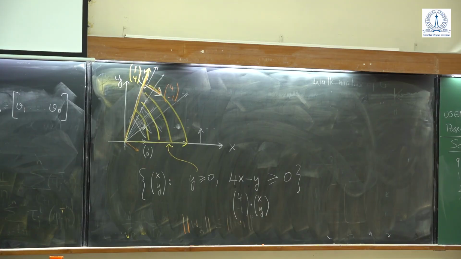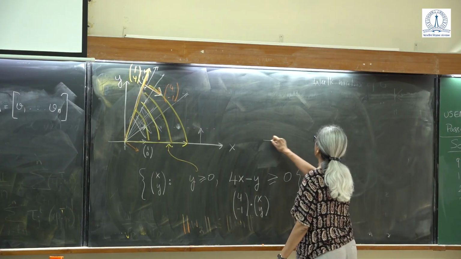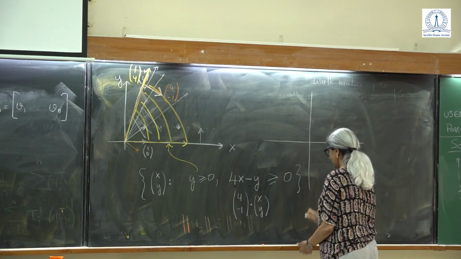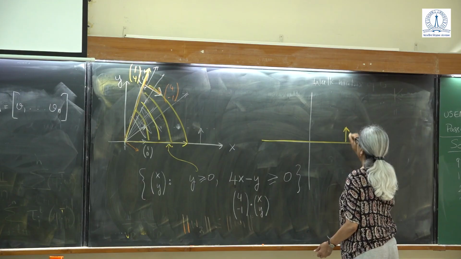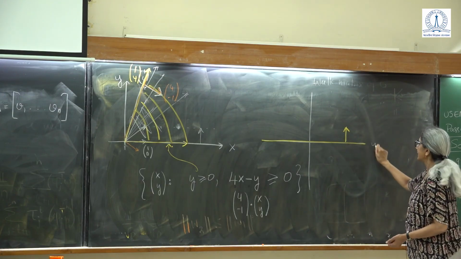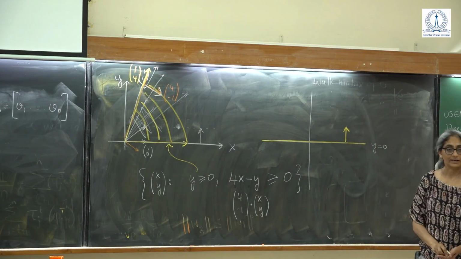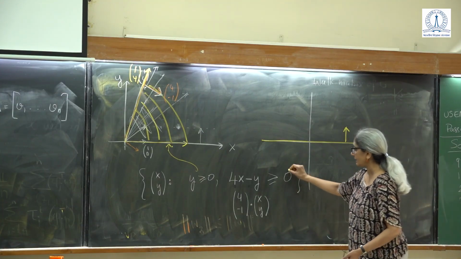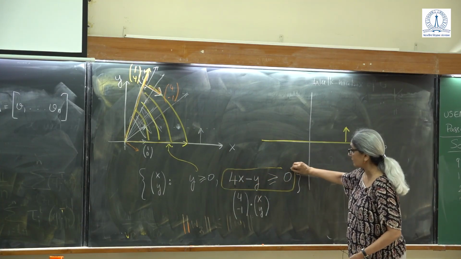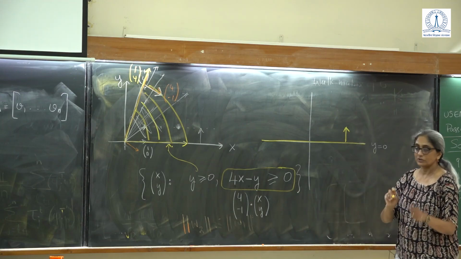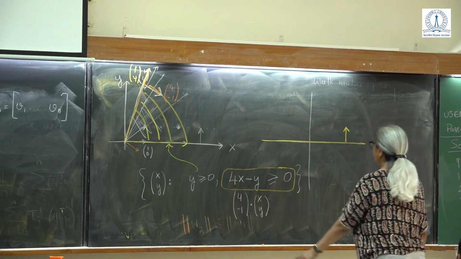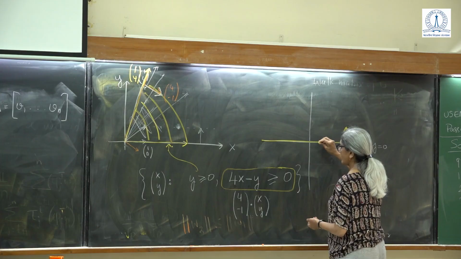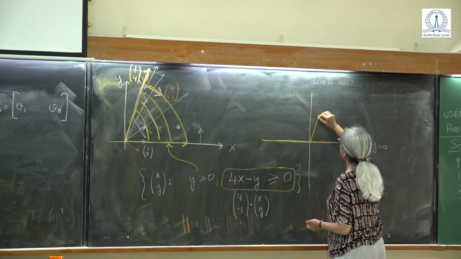So if we were to draw the set again cleanly, here are my axes. y must be greater or equal to 0, so I must be on this side of the y equals 0 line. And I should also satisfy this inequality. First you can draw the equality, which is a line, and then pick which side you should be on. The line that satisfies 4x minus y equal to 0 is this line.